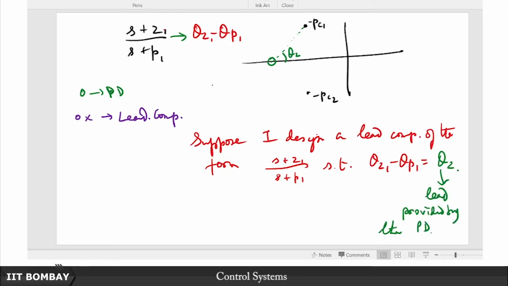Yeah, then I should be able to manage this. Now clearly what is holding me back is this theta p1. This theta p1 is going to reduce this.